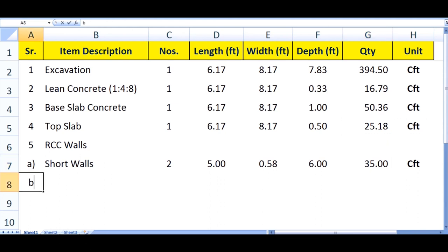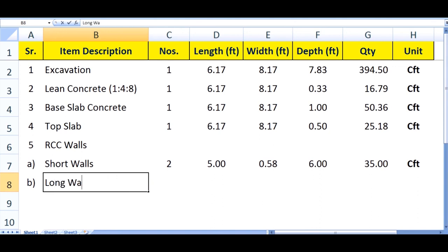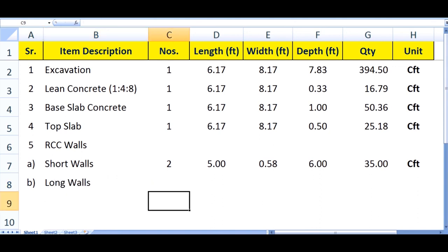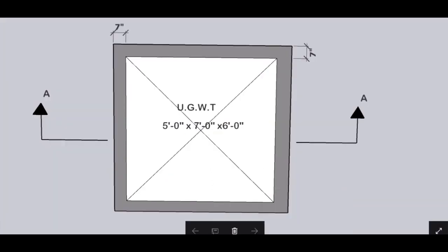Now long walls. Similarly, there are two long walls. Here in the diagram, the internal length of the long wall is 7 feet, and for long walls we will add the thickness of walls at both ends.